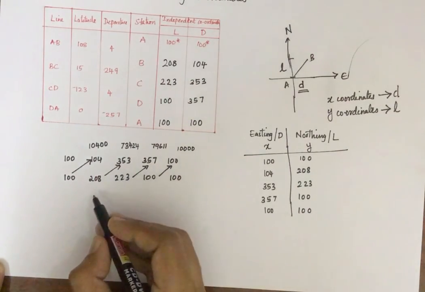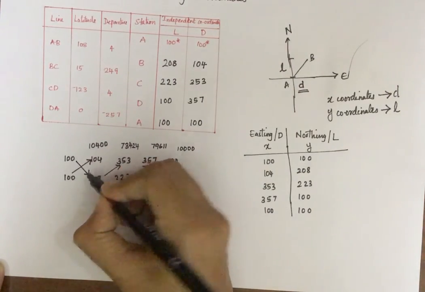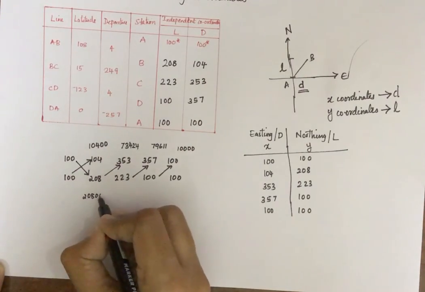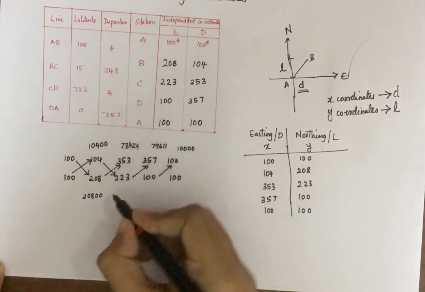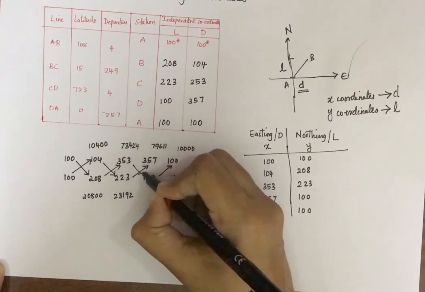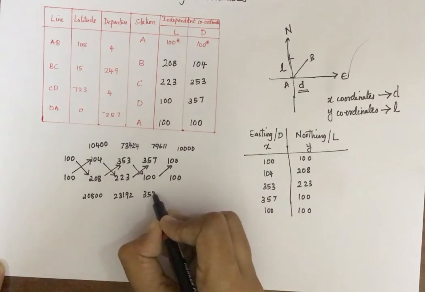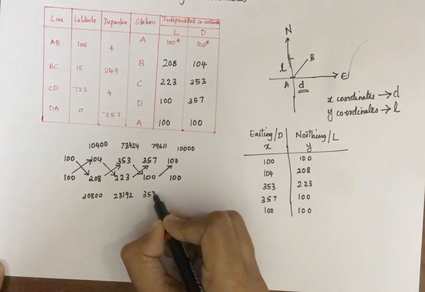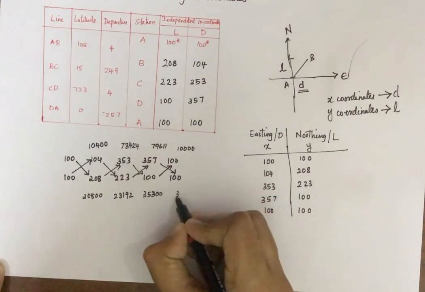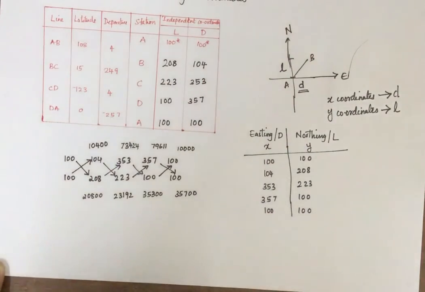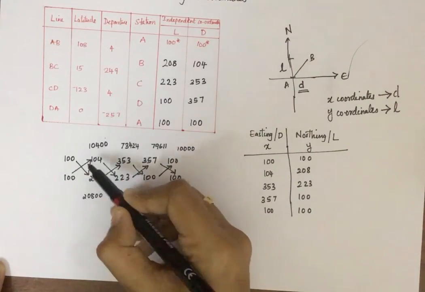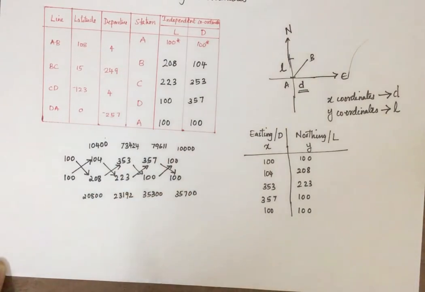Similarly, multiply these two values: 100 into 208, 20800. 104 into 223, 23192. 353 into 100, 35300. 357 into 100, 35700. So when you multiply these two, write it on the top. When you multiply these two, write it on the bottom.